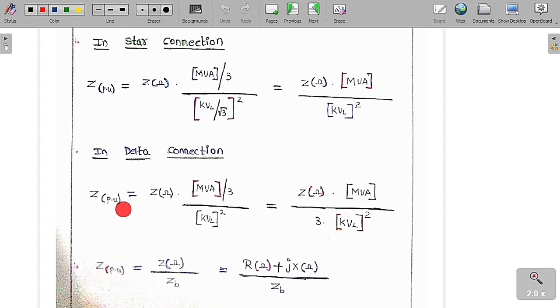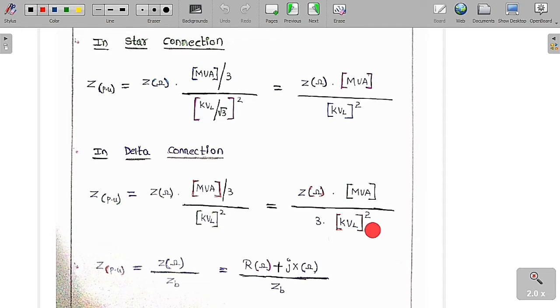In delta connection, Z per unit is equal to Z in ohms into the per phase value, which is MVA by 3, and here line voltage is equal to phase voltage, so just use the KVL relation. If you solve this, we get this value. This is the thing you always have to remember: whatever the Z per unit formula, it is as a per phase value, in machines for either star or delta connection.